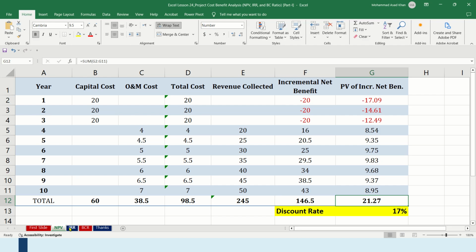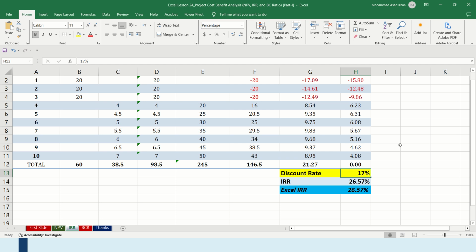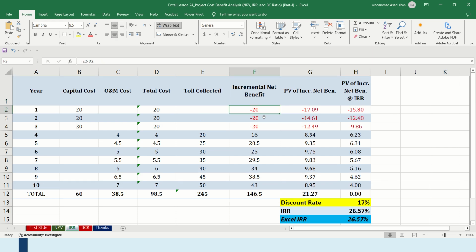So come to the IRR. See that the IRR is 26.5657%. This is the Excel IRR formula, as seen in the formula bar: equal to IRR, F2 to F11. This is the incremental net benefits which I have already shown in the NPV.